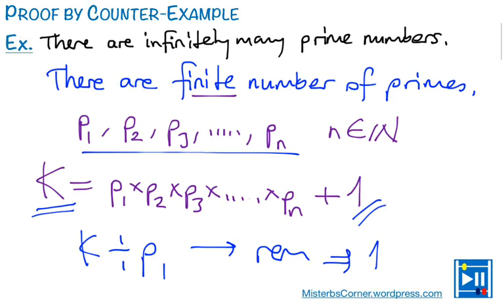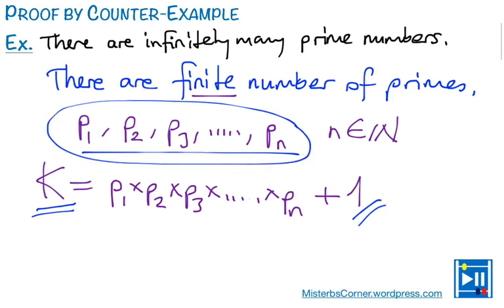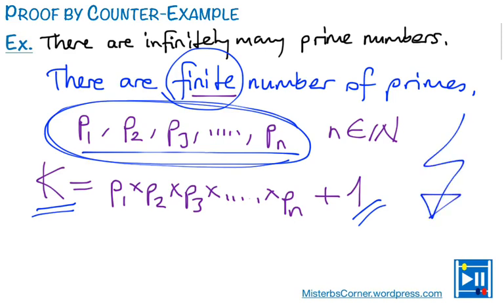So again, our list is not complete, and we can write such numbers like k, so there are infinitely many such numbers. So this concludes that because of this contradiction, our list of primes is not complete, so it's not finite. Then we say this statement is false, therefore the opposite of that statement is true.